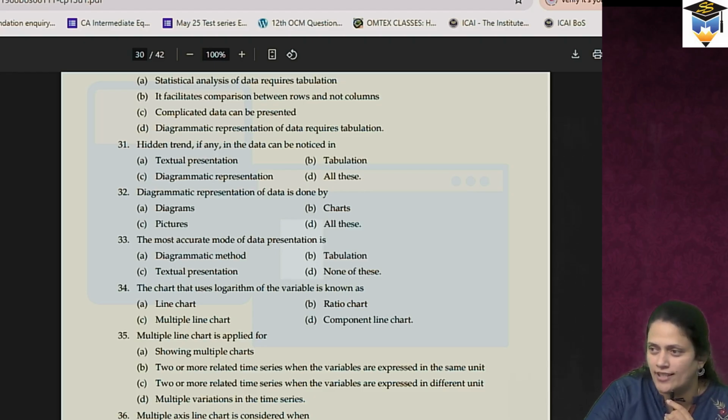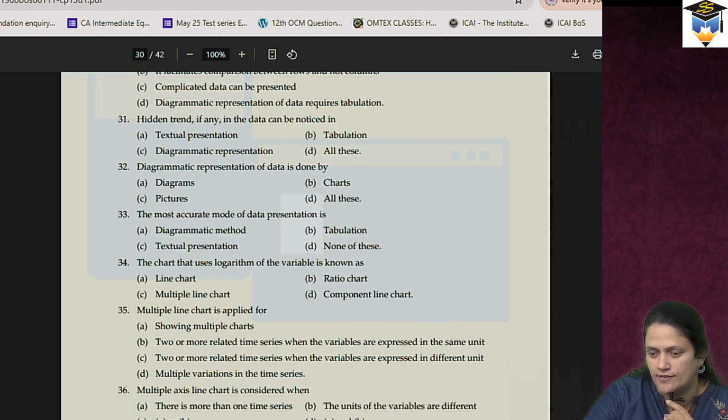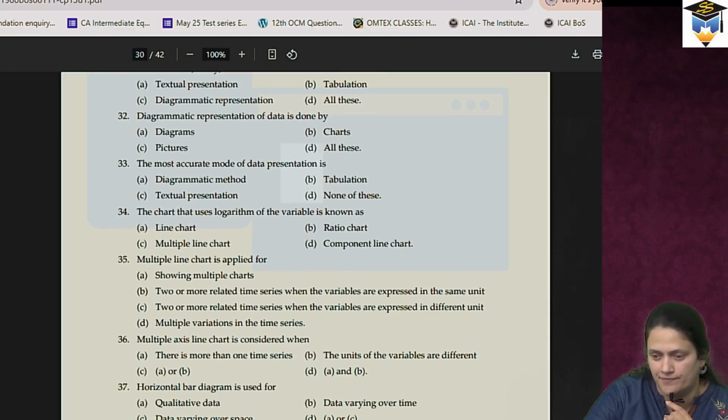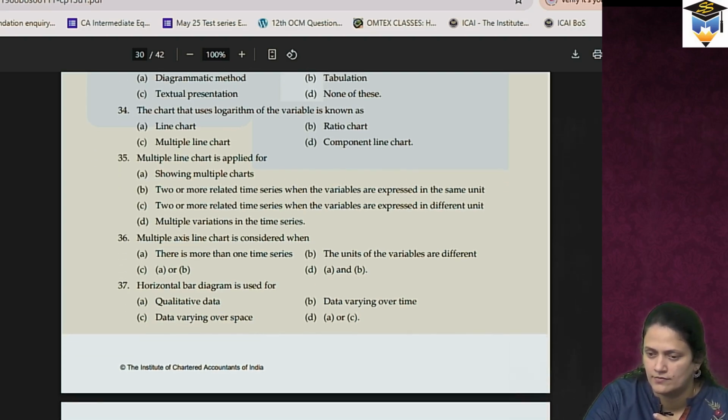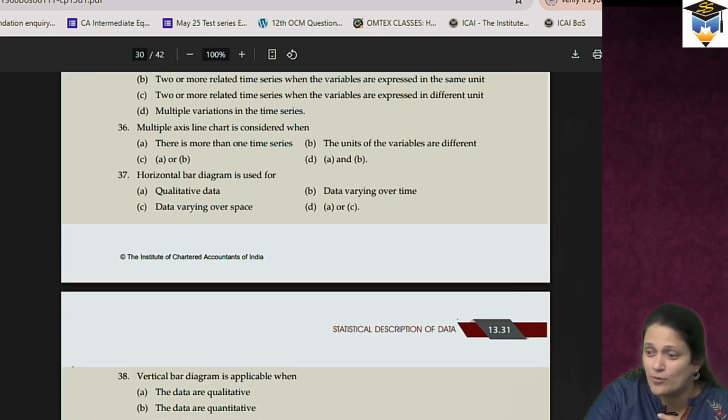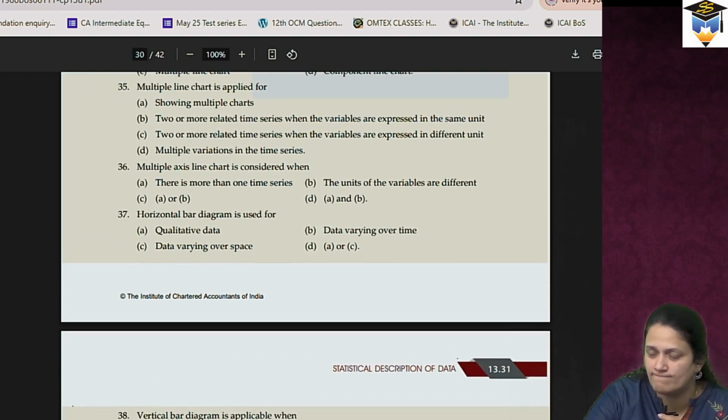Find out in the textbook. Somewhere it must be given. Please find out and tell me the answer. Is it line chart, ratio chart, multiple line chart, or component line chart? 60 questions are there, come on.